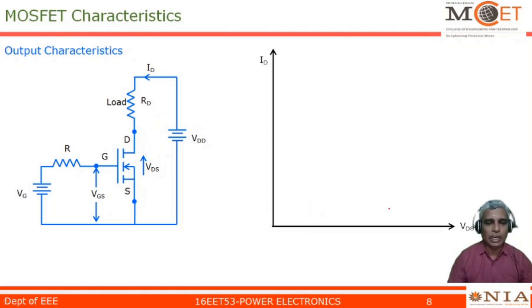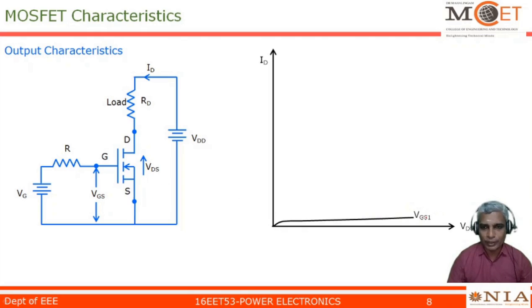Now let us move on to the output characteristics. In the case of output characteristics, we are going to fix the VGS. We are going to have VGS constant, and we are going to vary the VDS or VDD and observe the ID. So when I assume that VGS is fixed to 1 volt and vary the VDD and observe the ID, I will get a characteristic something like this.